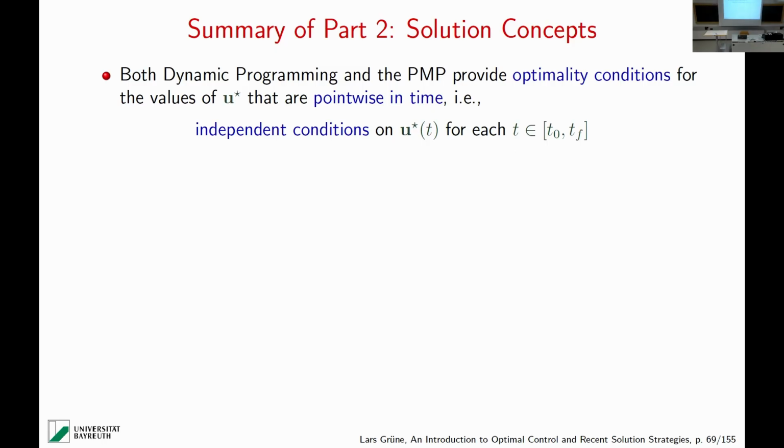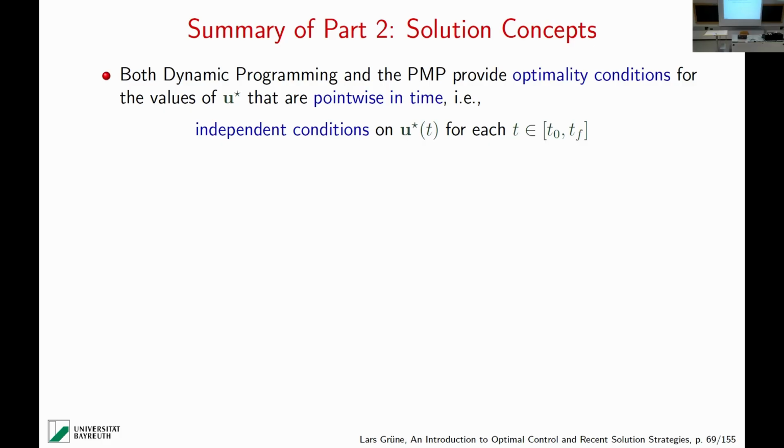And that's a really strong result in all cases, because in optimal control usually things depend on each other. If you have a car and you accelerate a bit more at the beginning, you have to decelerate more in the end, right? So everything is connected over time, but still we get conditions which are really independent for each time. So at time 5, at time 6, at time 5.5, or in between, you always have conditions that you can evaluate independently. So that's really something that the people in the 1950s were able to achieve.